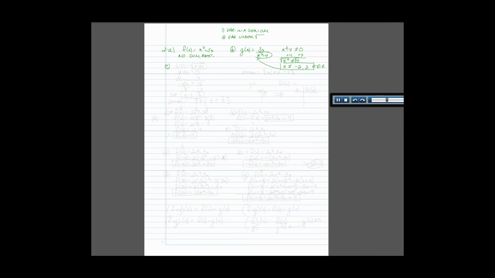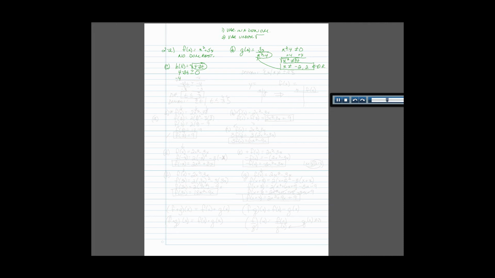Let's look at C. Here we have h of t equals the square root of 4 minus 3t. And what do we know about square roots, even roots? We know that what's underneath has to be positive. So we know that 4 minus 3t must be greater than or equal to 0. It can't be negative. Now we just solve that.